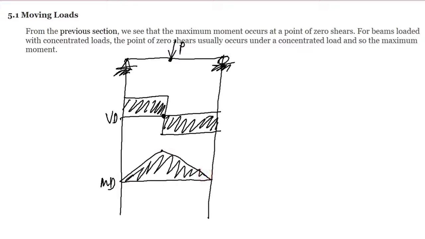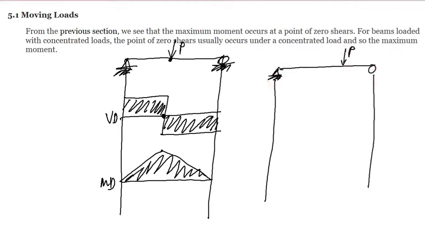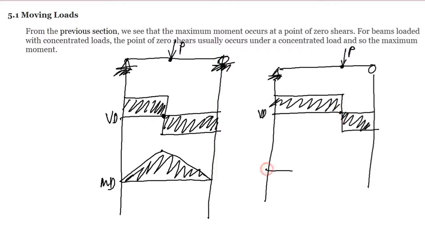So meaning, if this load P here is moving, so we assume that the load P is situated in that position, then wherever the location of that load is, that is also the location of the zero shear. And of course, the same location is the location of your maximum moment.